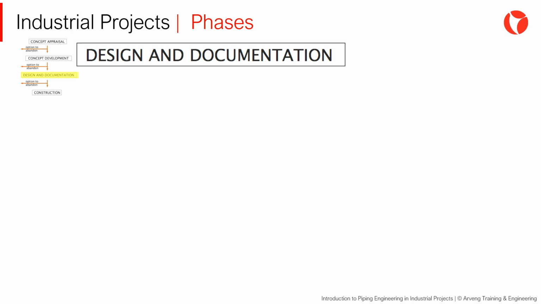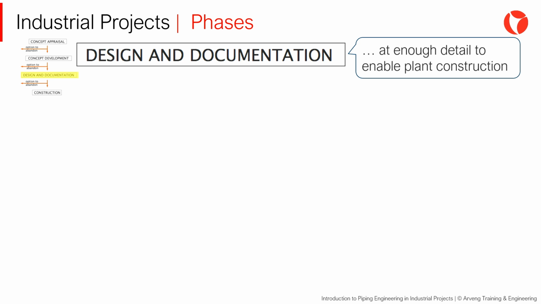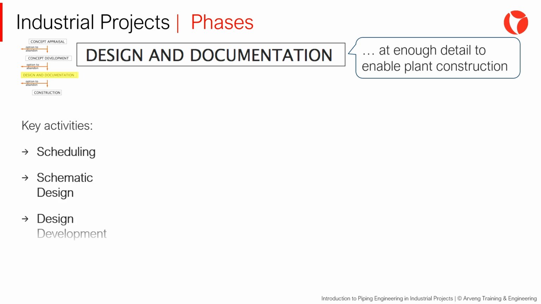The next phase is design and documentation. At this stage, all design documentation is developed in enough detail to enable the construction and assembly of the industrial plant. This phase is divided into 4 key activities.